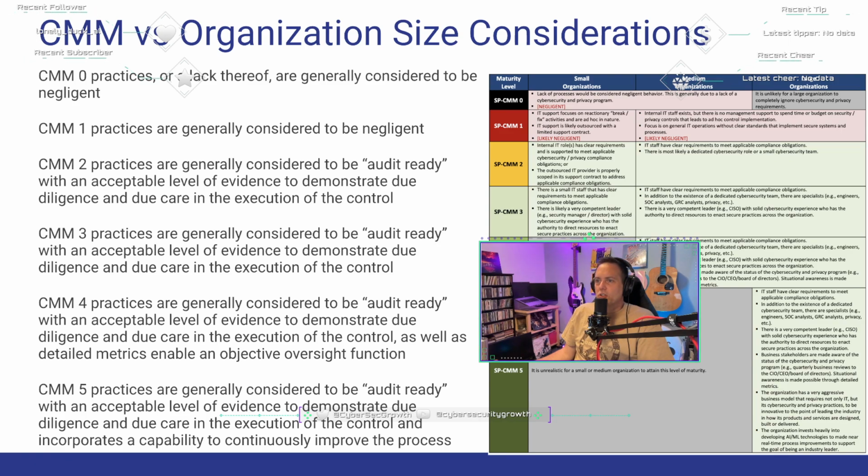CMM5 practices are generally considered to be audit-ready with an acceptable level of evidence to demonstrate due diligence and due care in the execution of the control, and incorporate a capability to continuously improve the process. This is where artificial intelligence and machine learning would exist, since AI and ML would focus on evaluating performance and making continuous adjustments to improve the process. However, AI and ML are not requirements to be CMM5.